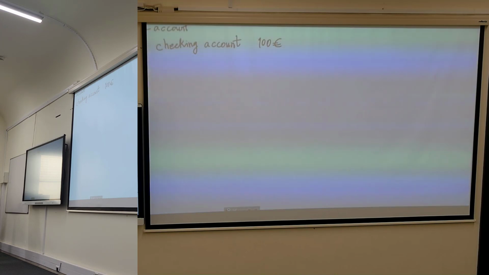So the checking account would be opened with 100 euros, and I now have what? 100 euros in the checking account as what? As a deposit.